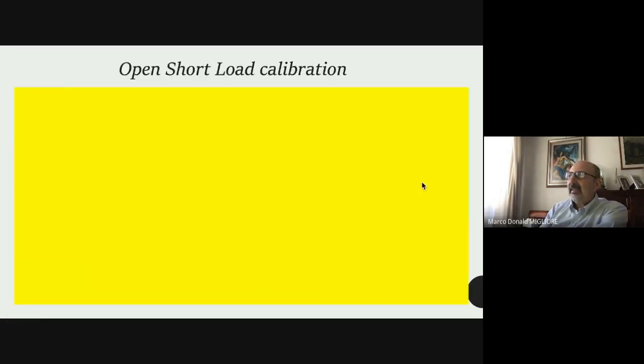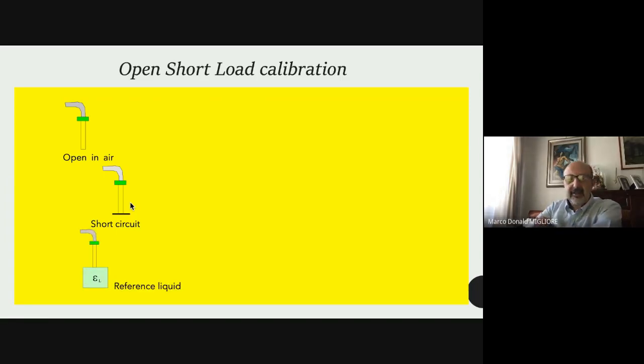And the standard way is to use an open in air, then a short circuit. That means that I close the tip of the coaxial cable with a short circuit, and then we use a reference liquid. That is a liquid that we know. It means that we know the permittivity of this liquid.